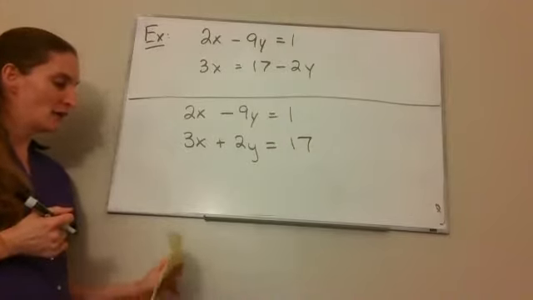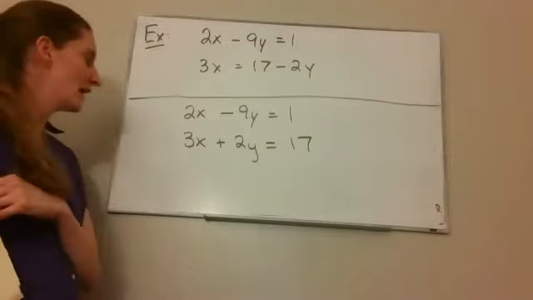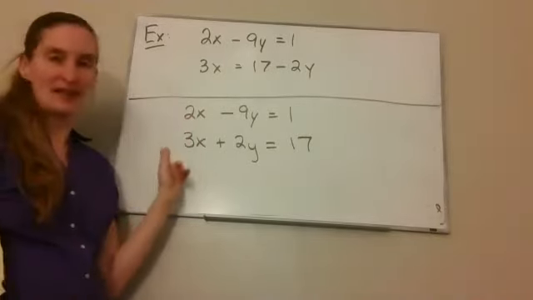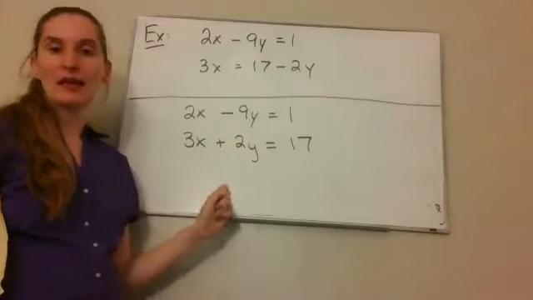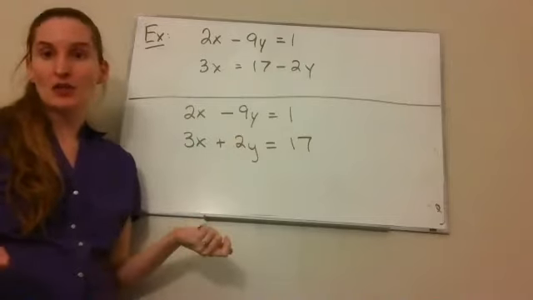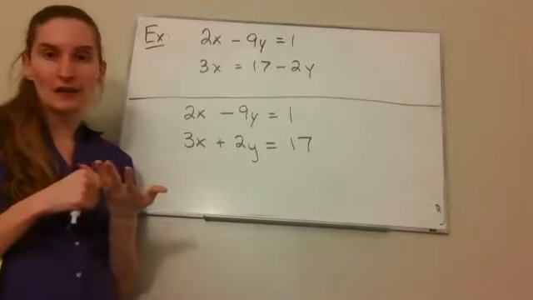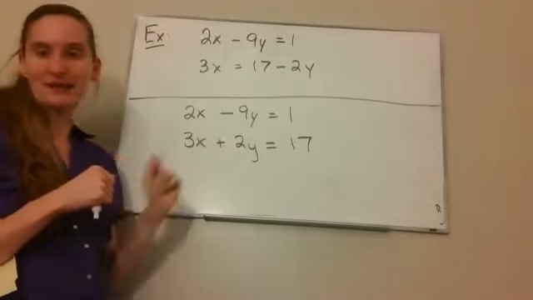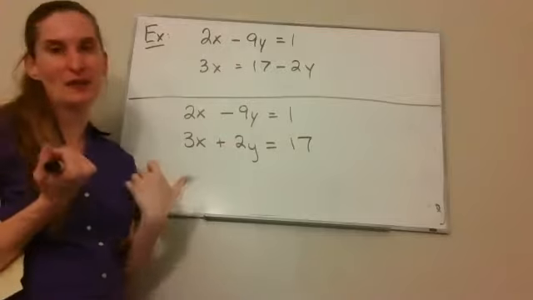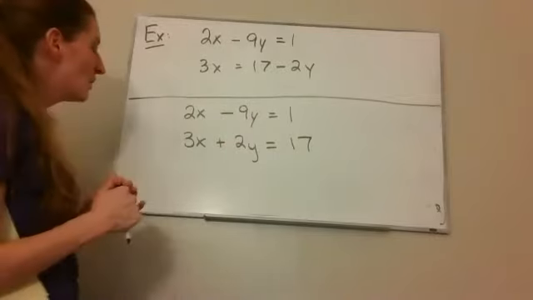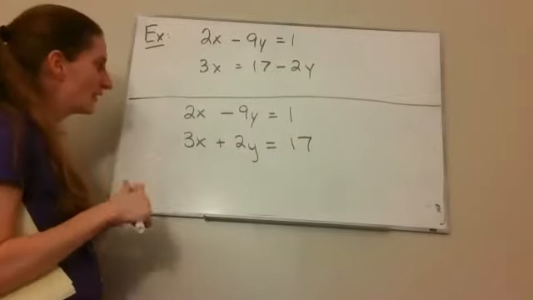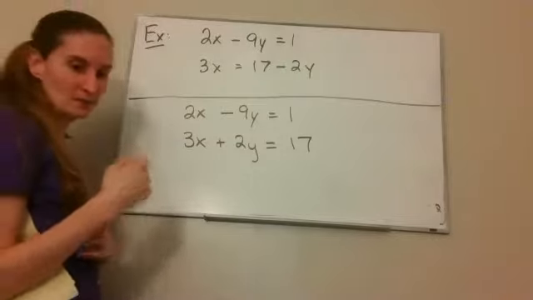And now we have to make a choice. We can either try to eliminate the x's or try to eliminate the y's. And it's up to you which you do. I personally would eliminate the y's on this one because I already have opposite signs. I just don't have opposite coefficients yet. But you could multiply by things to get the x's to cancel out as well.